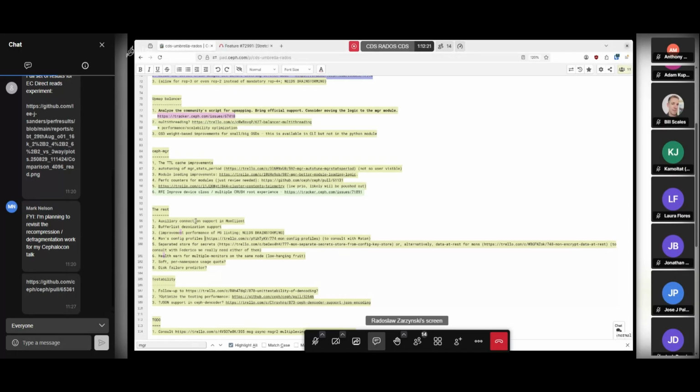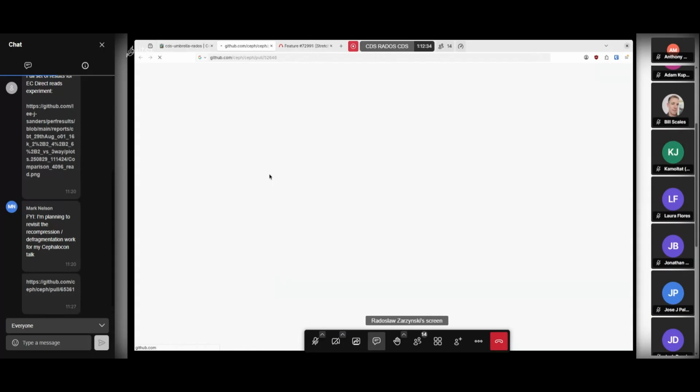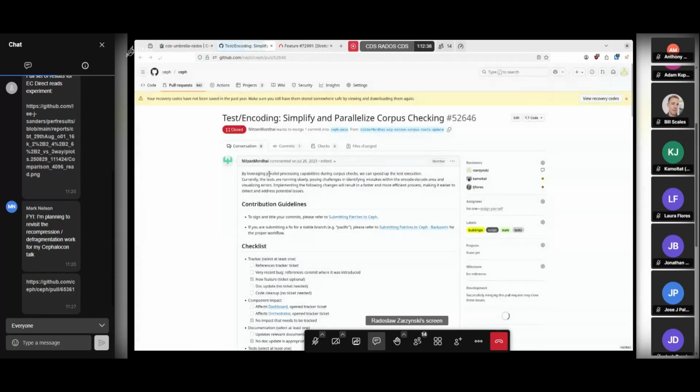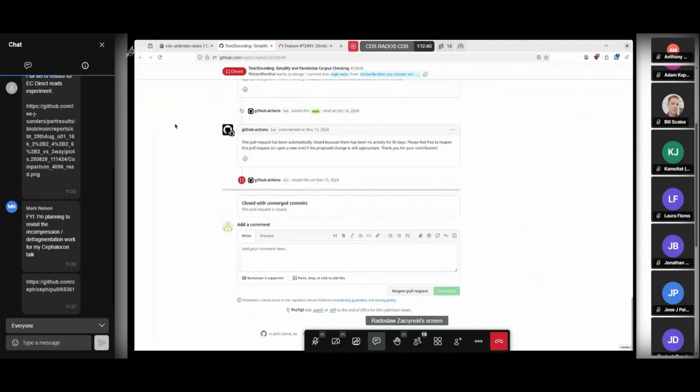We also haven't merged some optimization of the performance of Ceph encoder testing. There is a PR for it. We need to ensure it's manageable. It expired, unfortunately.